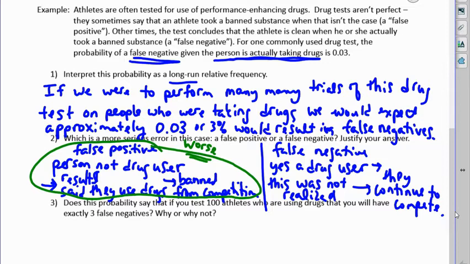So does this probability say that if we test 100 athletes who are using drugs, we will have exactly 3 false positives?